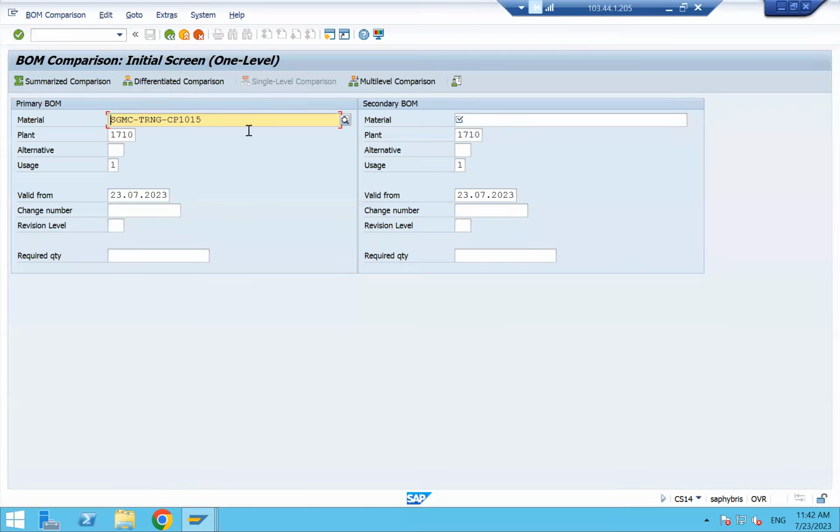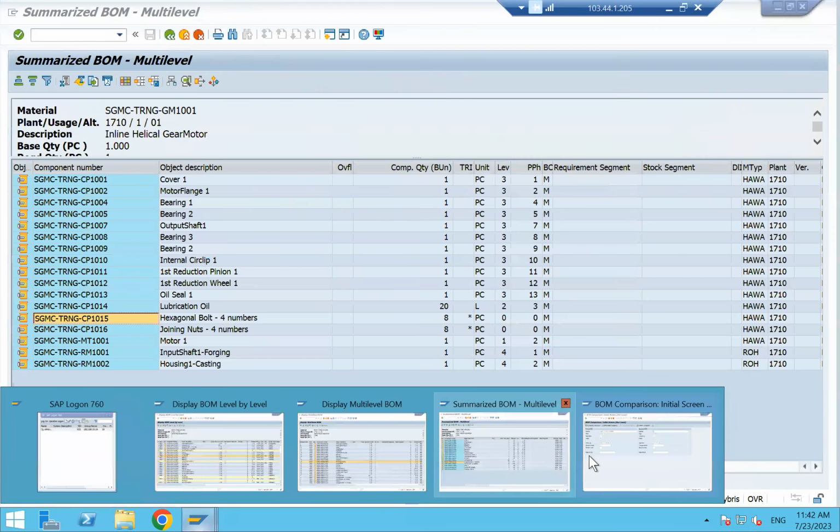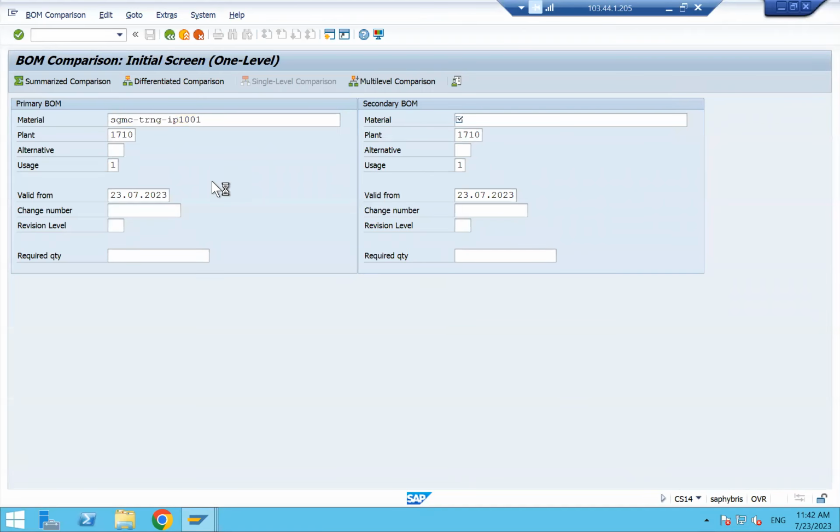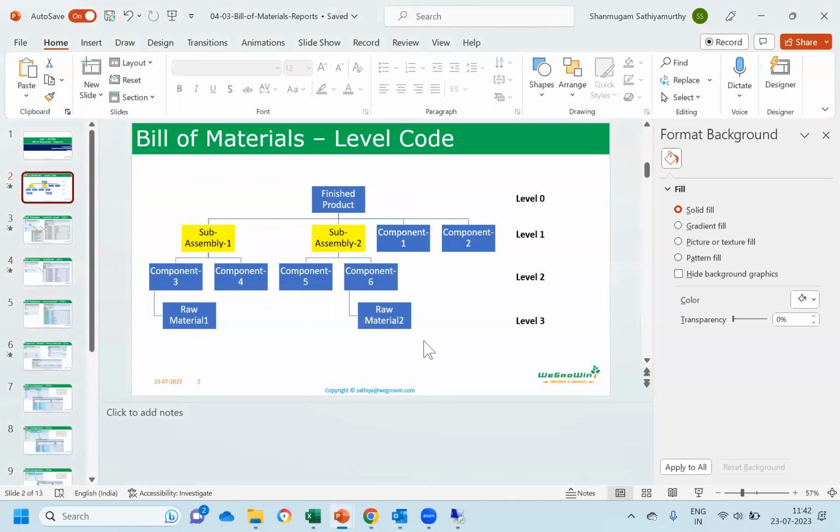I just want to compare the SGMC-TRNG-IP 1001, and then I want to compare. Oh no, when I put something in the items, it is taking time. I don't know why. Right, let it come.